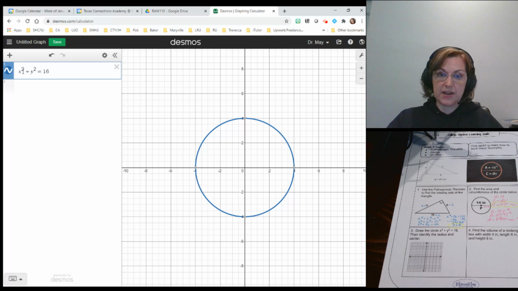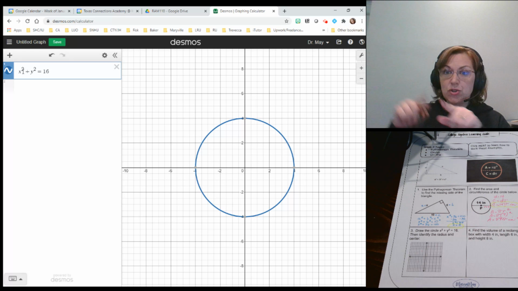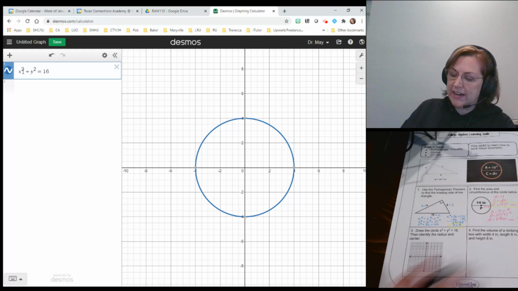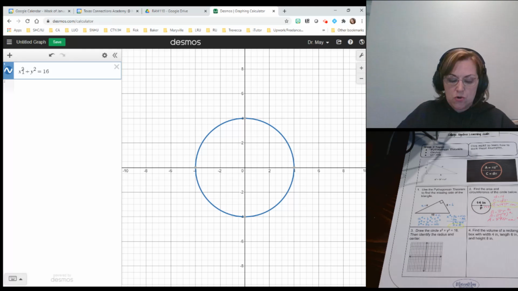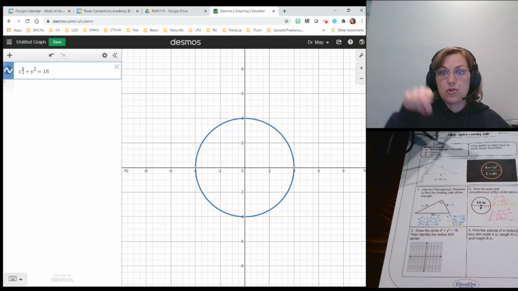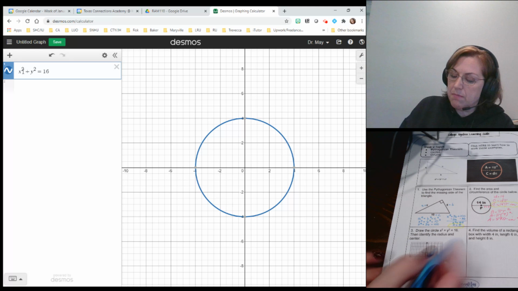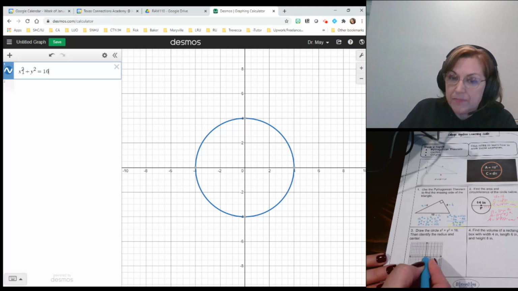Okay. Now, you'll need to draw this circle on your learning guide, but I want to point out some things. Notice that your circle is centered around the origin, or the middle of your graph there, and that it comes out 4 in each direction.